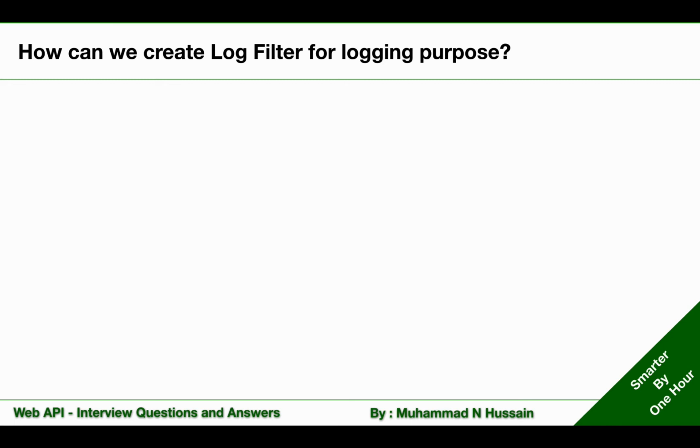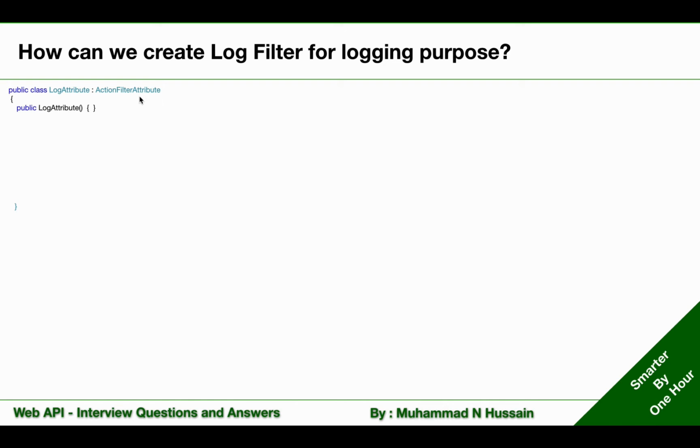So if you see in this part, I have created a log attribute class, and to create this class I'm using the ActionFilterAttribute class. This ActionFilterAttribute class contains two methods.